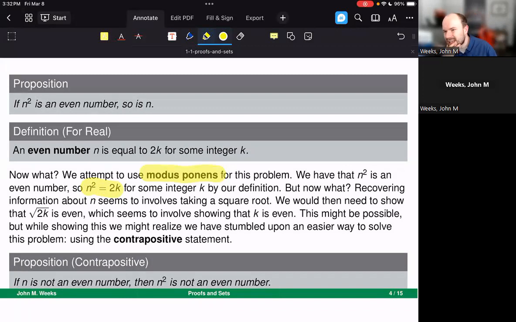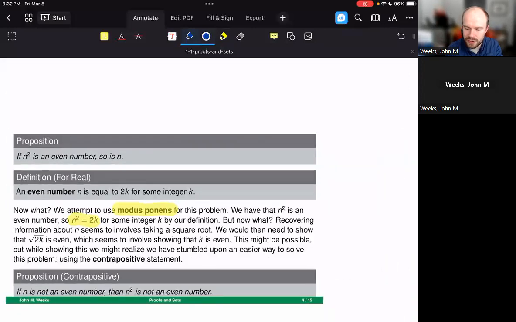But looking at this n squared equaling 2k, I would then like to say something about the nature of n. If I say n squared is equal to 2k, and I want to say something about the nature of n, the mathematics here seems to want me to take the square root of 2 times k.